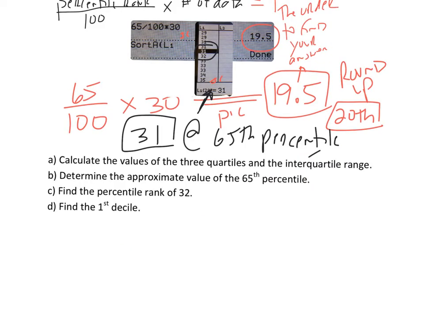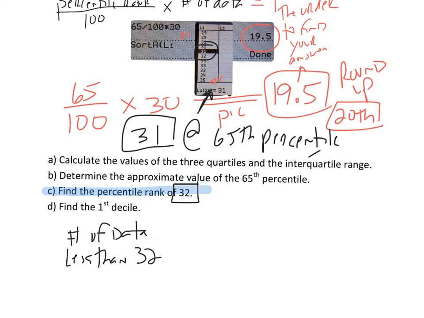Now what we want to do in letter C is find the percentile rank of a particular value. In this case, we want to find the percentile rank of the number 32. So you're going to count the number of data less than 32. So you have to go back to your list and count the number of numbers less than 32.